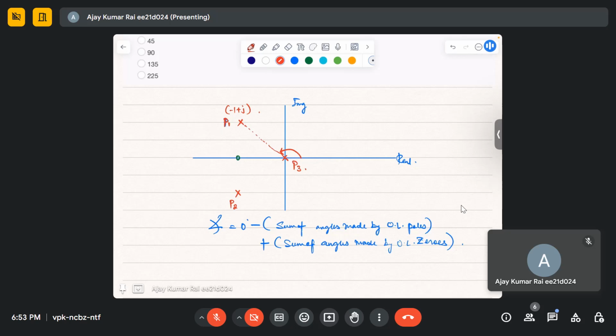This is one and this is also one, so this angle will be 45 degree. Then 180 minus 45, you will get 135 degree.